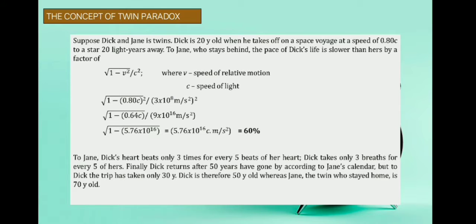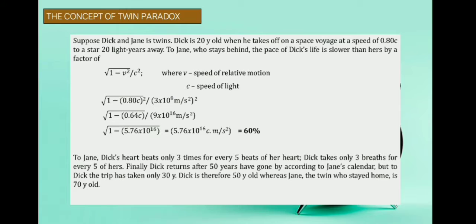Substituting, we have the square root of 1 minus (0.80 c) squared over (3 times 10 raised to 8 meters per second) squared, which is equal to the square root of 1 minus 0.64 c squared over the speed of light squared, which is 9 times 10 raised to 16 meters per second squared.